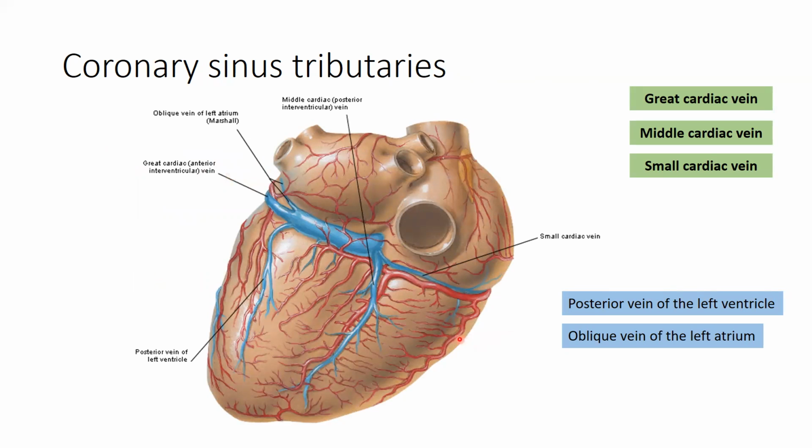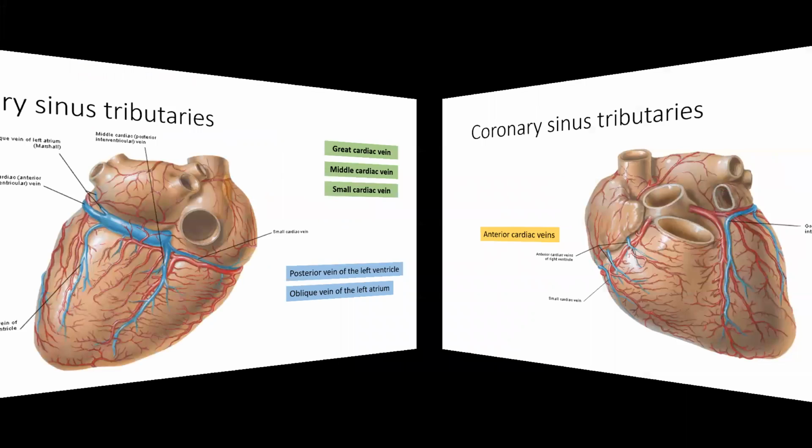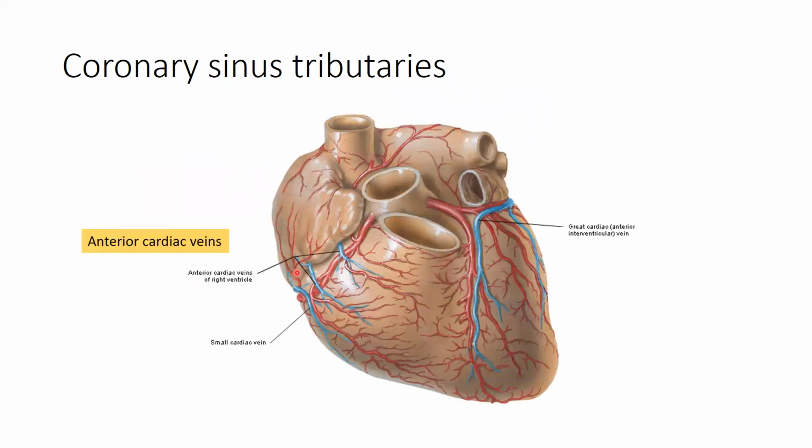Okay, we have the great cardiac vein, the middle cardiac vein, and also the small cardiac veins. And we have the posterior vein of the left ventricle and also the oblique vein of the left atrium. And the anterior cardiac veins.